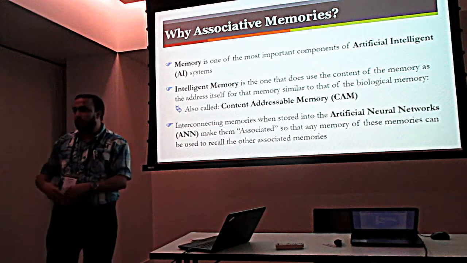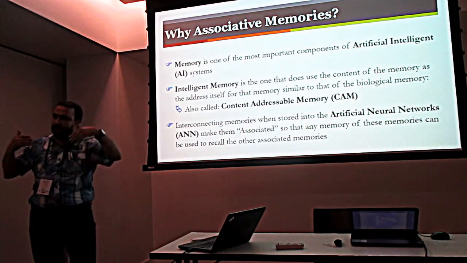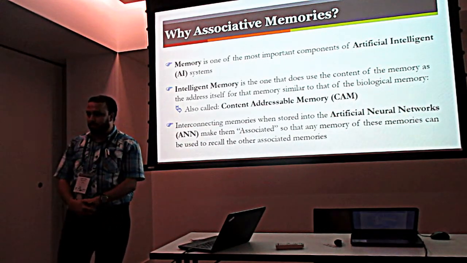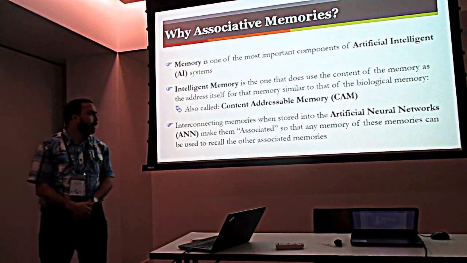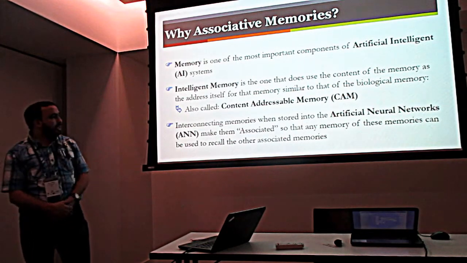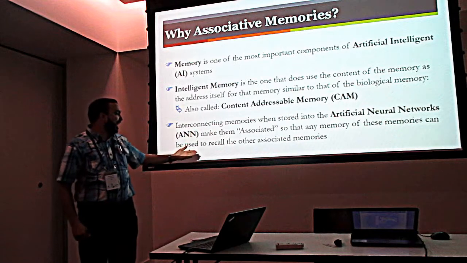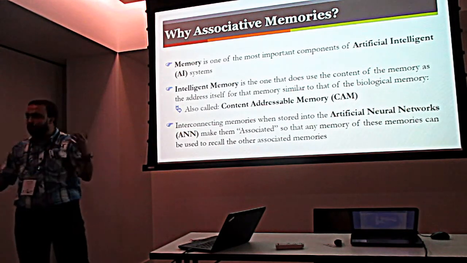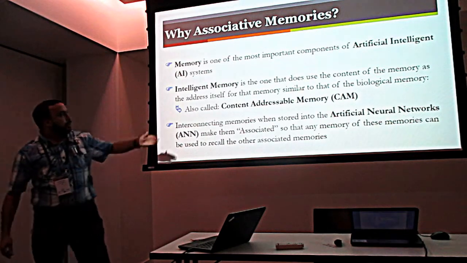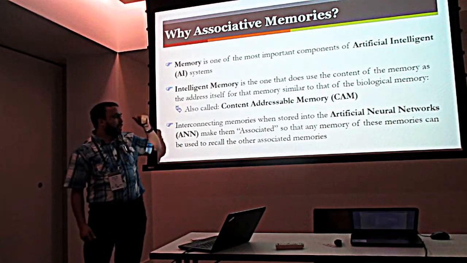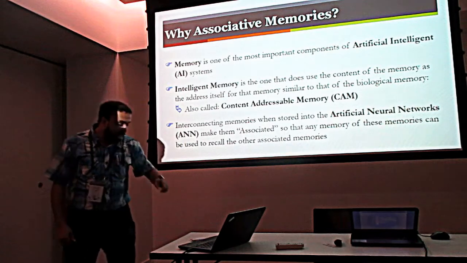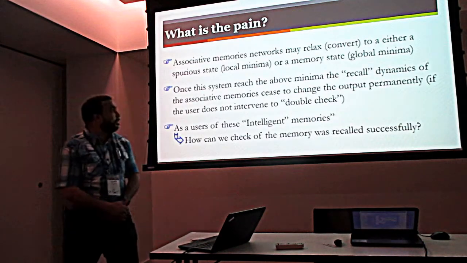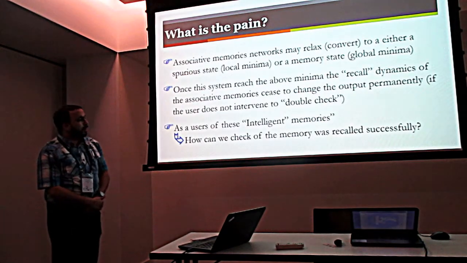So when you hear the sound, automatically the image will come to your conscious. Things like that. So basically, the memories are linked to each other. That's why we call them associative memories. So, two features, content addressable and associative. So that's basically the area of this work.